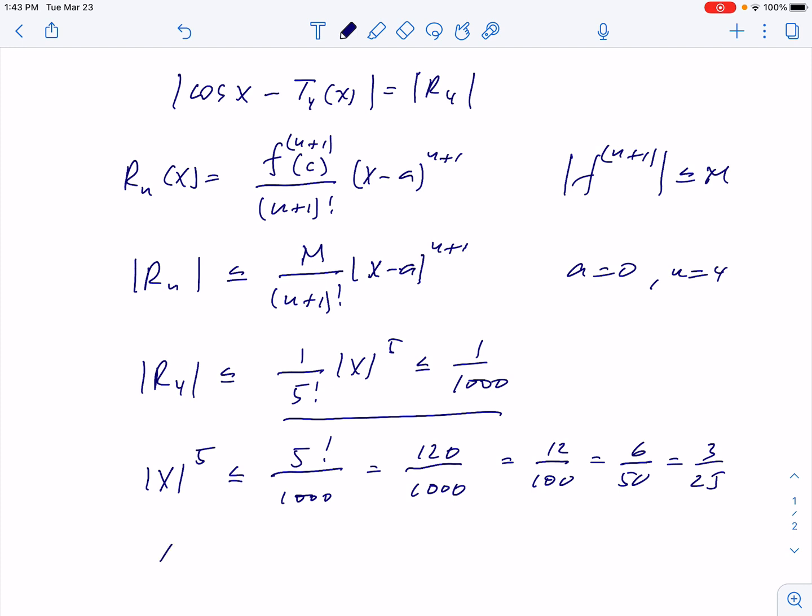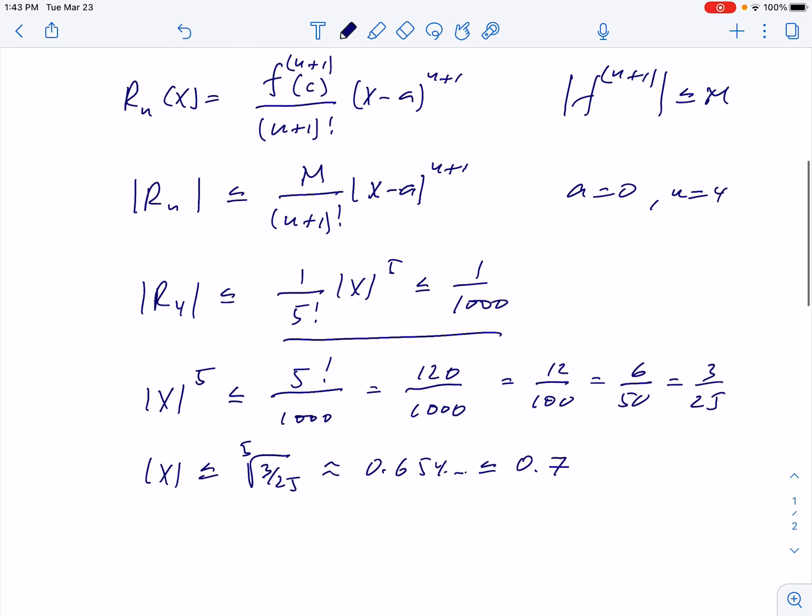Taking the fifth root, absolute value of x should be less or equal the fifth root of 3 over 25. And this number, I computed on my calculator, is approximately 0.654 and so on. Anyway, it's less or equal to 0.7.